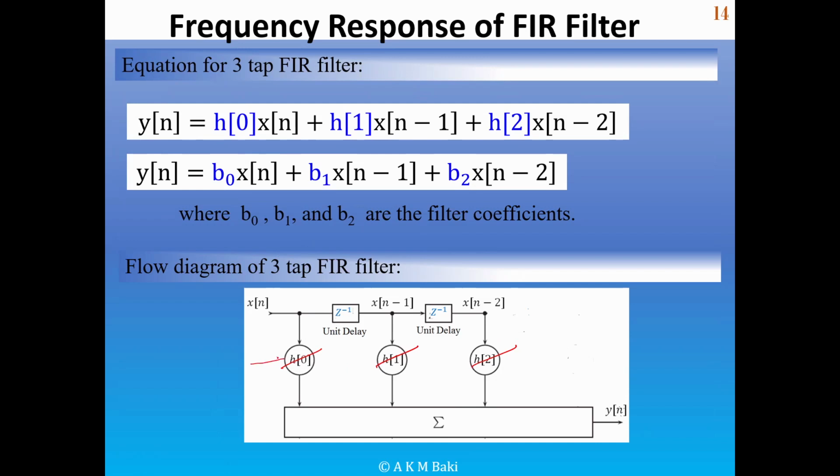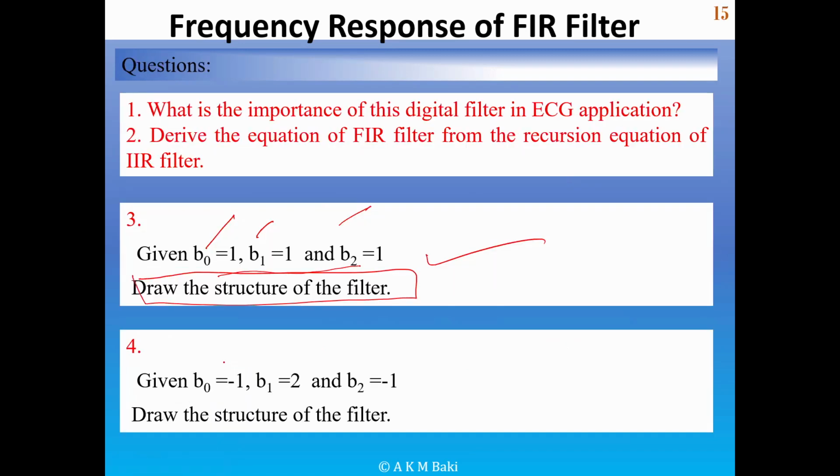For example, coefficients given 1, 1 and 1. So this was related to the first question. You also find out the second one, B0 is -1, B1 is 2 and B2 is -1.